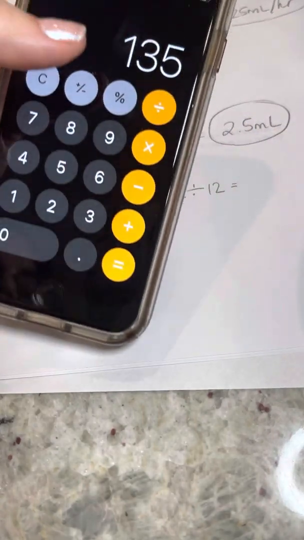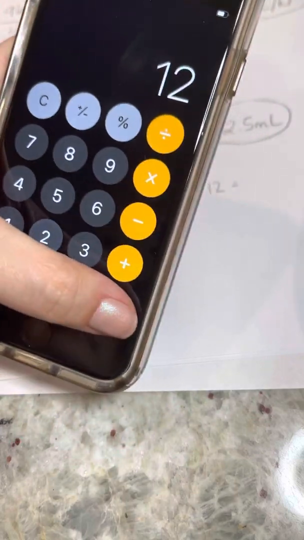I'm going to write that right here. That's 135 mLs. Remember, it's over 12 hours. So if we're going to run 135 mLs over 12 hours, how many do we need per hour? We're going to divide by 12. And that equals 11.25.